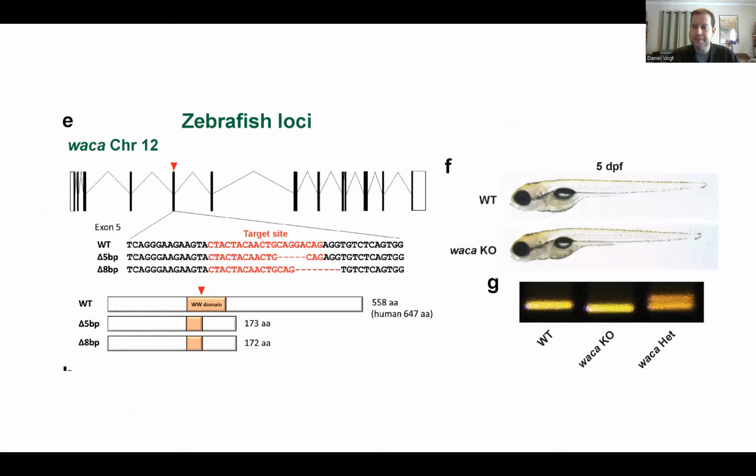Kim's lab was also developing zebrafish, using a technique called CRISPR-Cas9, which will give you a targeted deletion, but kind of a random mutation in there. And they were able to generate a few mutants shown here in E. If you look at the red site, 2 of these actually had a deletion where they targeted WAC, and this led to a truncation or loss of their allele as well.